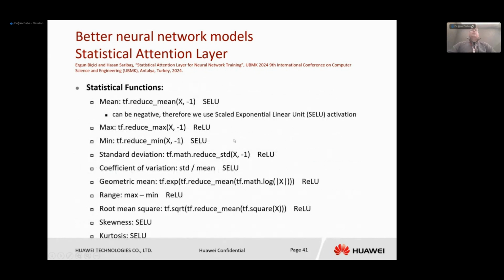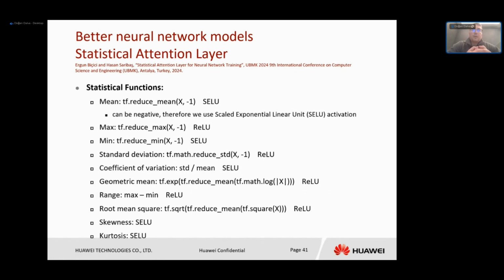The TensorFlow representation of these statistical functions are as follows. Here, for the mean, we use the SELU, scaled exponential linear unit activation function, because the mean can take negative values as well. For the max, we use ReLU activation function. For standard deviation, we use ReLU because it's always positive.